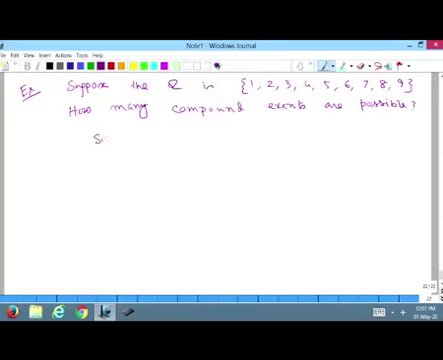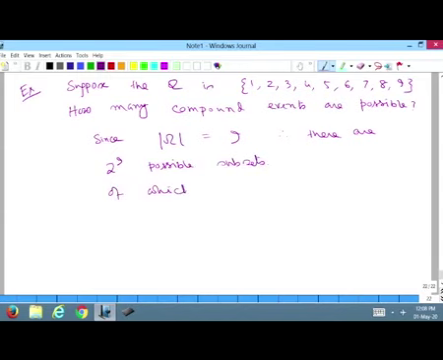Since the cardinality of omega is equal to 9, there are 2 to the power 9 possible subsets, of which one is phi, that is a null set, and 9 are elementary events.